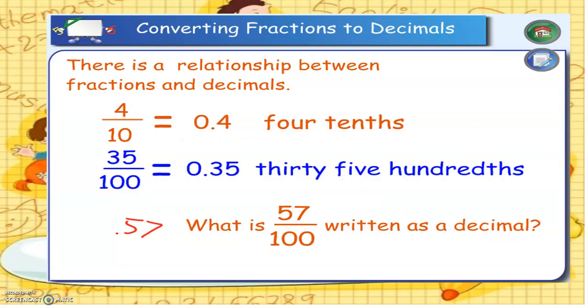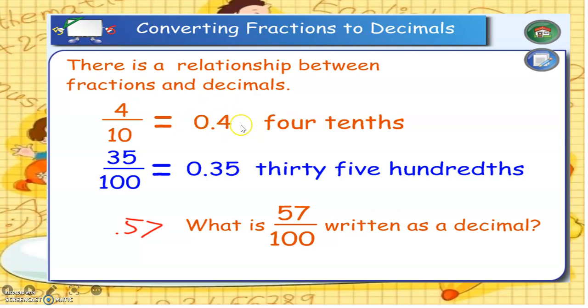Okay, so we have another example. There is a relationship between fractions and decimals. For 10, this is the fraction and this is the decimal, 0.4.